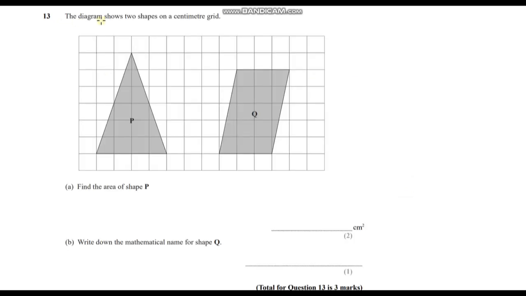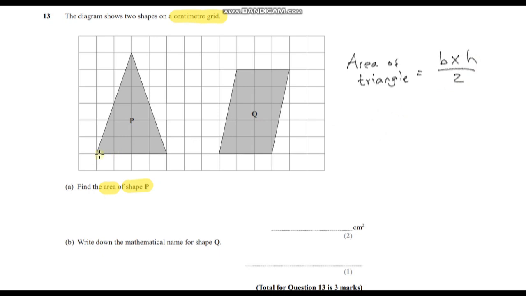Question 13. The diagram shows 2 shapes on a centimetre grid. Find the area of shape P. So the area of this triangle. Well, to calculate the area of a triangle, we do the base times the height, and then we divide by 2.